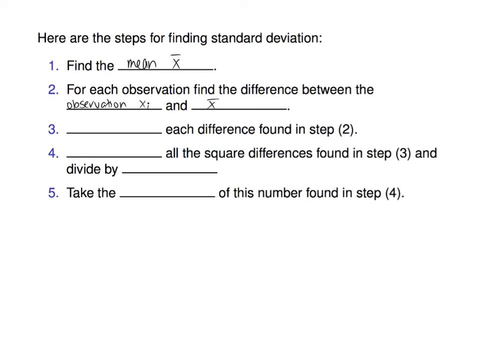Then you take these differences that you found and you square them. And then you sum or add them all up. So sum all these square differences found in step 3 and divide by n minus 1. And then lastly, take the square root of this number. At step 4, what you found is the variance.